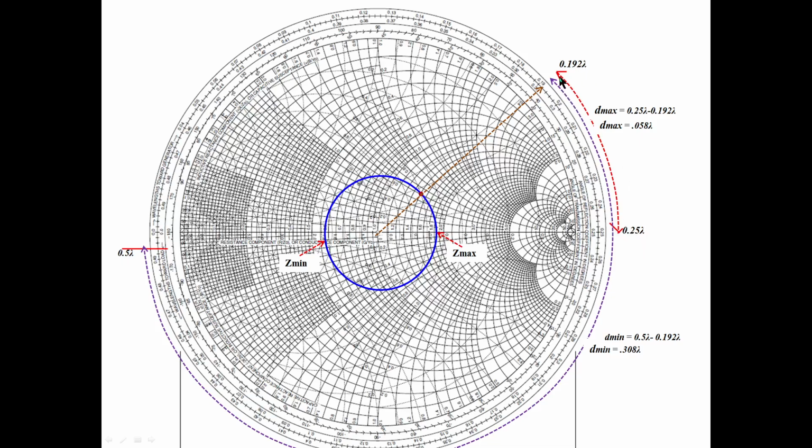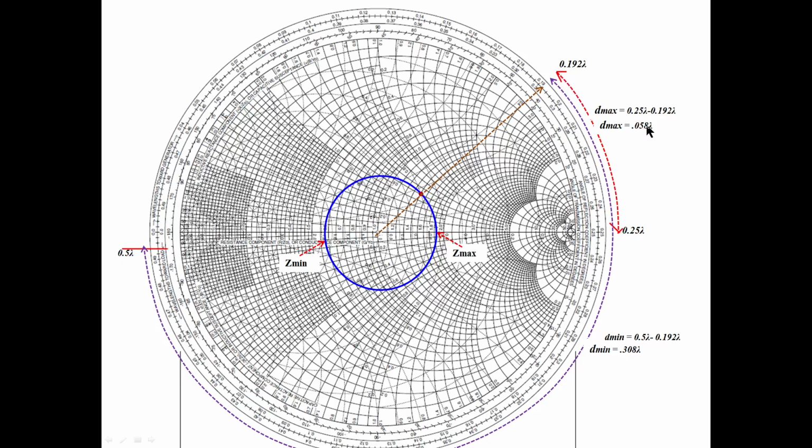We will get the distance from the load to this point, wherever you are. For example, you are here and want to measure the distance from here to here. Take the difference: 0.25 lambda minus 0.192 lambda. It is 0.058 lambda, the distance from here to here.